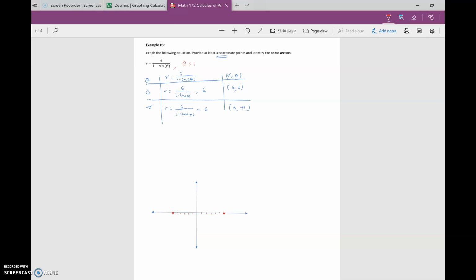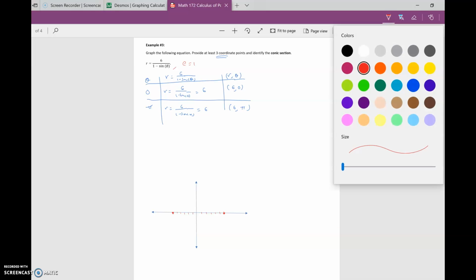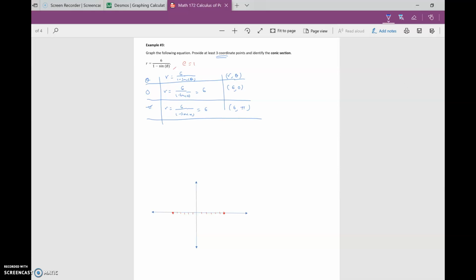So all I need, it's a total of 3 coordinate points. Let me select for the next one, pi over 4. So r is equal to 6 over 1 minus sine of pi over 4. And please evaluate this one. I'm getting 20.49.